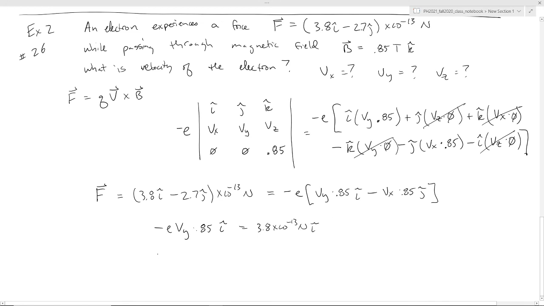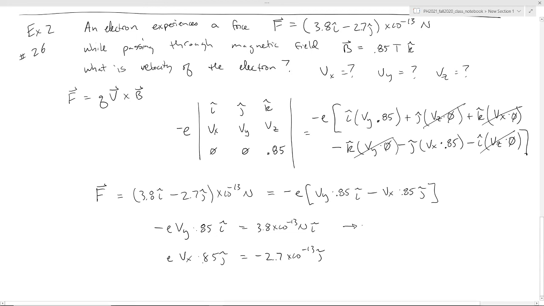Then we also have the two y pieces, so we'll have positive e Vx times 0.85 j hat, and that has to equal negative 2.7 times 10 to the minus 13 in j hat. Now we have two expressions, and we can solve for Vy and Vx by dividing.